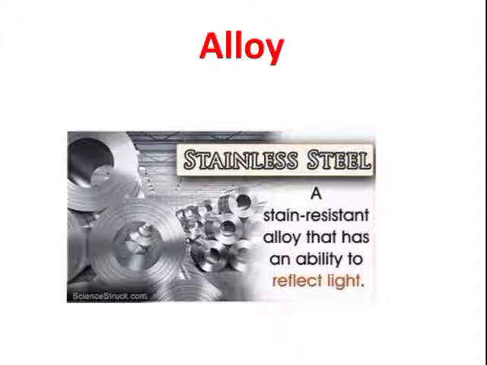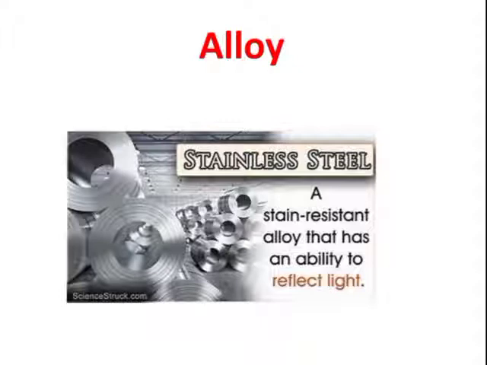For example, stainless steel. Stainless steel is an alloy. Stainless steel vessels used at home are made up of an alloy of iron with carbon, chromium and nickel. So these are the materials the stainless steel alloy is made up of.